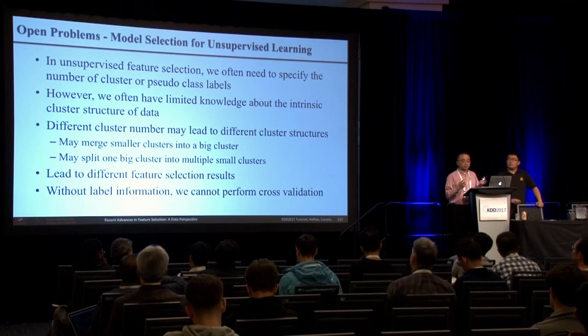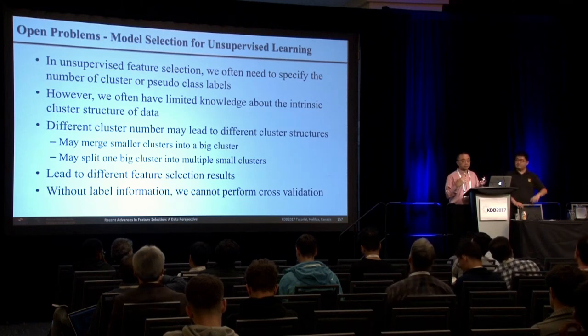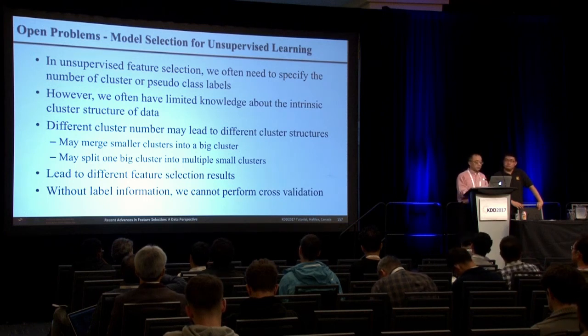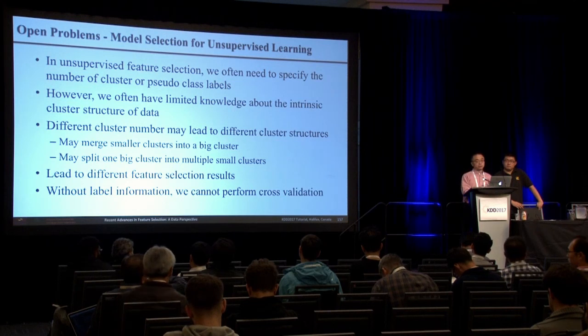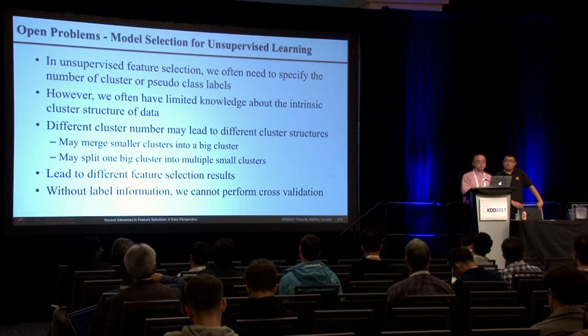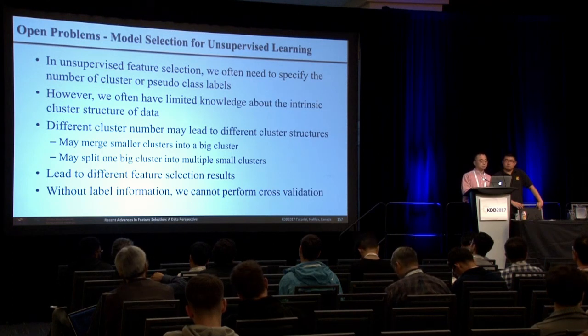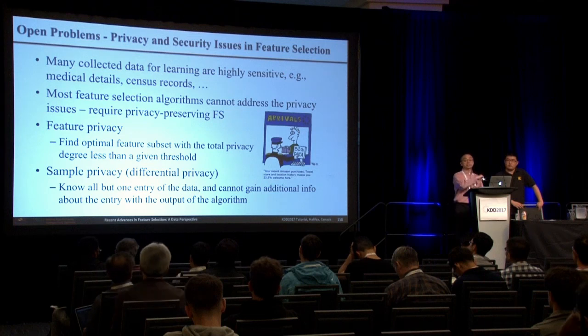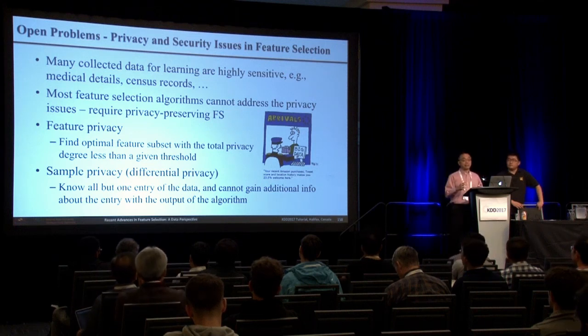But without label, it is anybody's game, so it's more difficult. It's reasonable. So most of the time, we don't have label. And how can we work on this? This is another open problem. So this is the last open problem we can think of, okay?